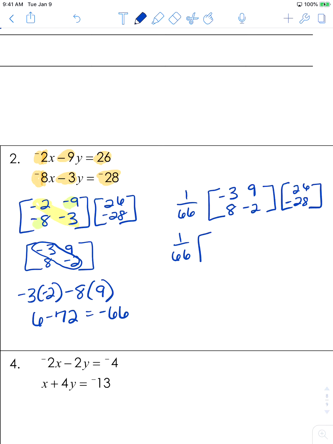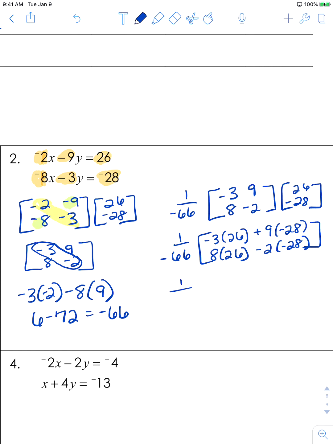And we're going to do our multiplication. So you have -3 times 26 plus 9 times -28, and 8 times 26 minus 2 times -28. So you end up with, oh, and I'm sorry, this should have been a -66 here.